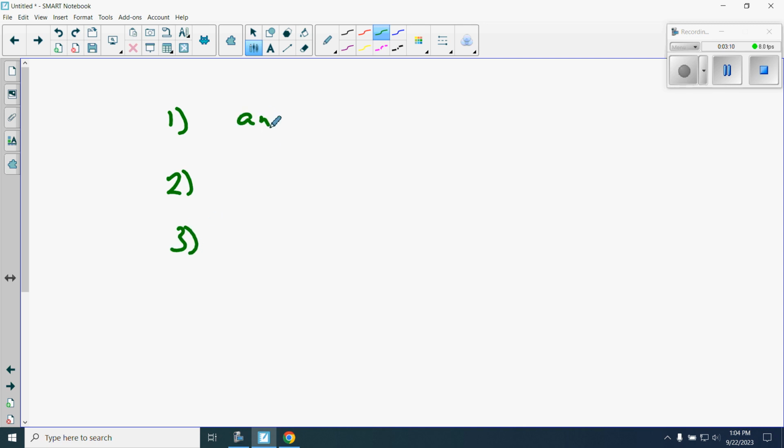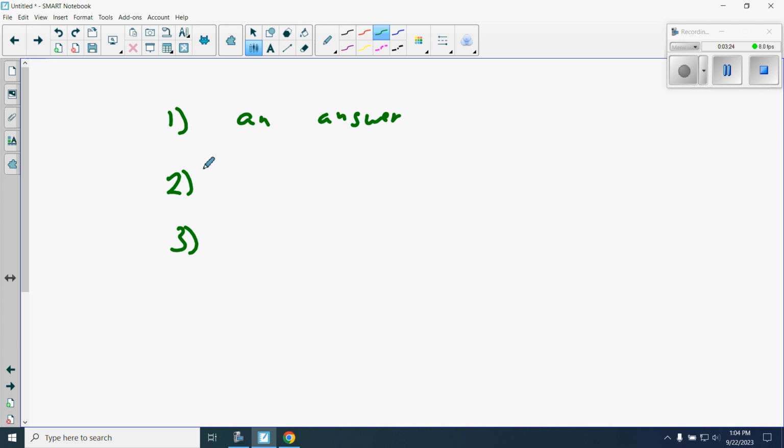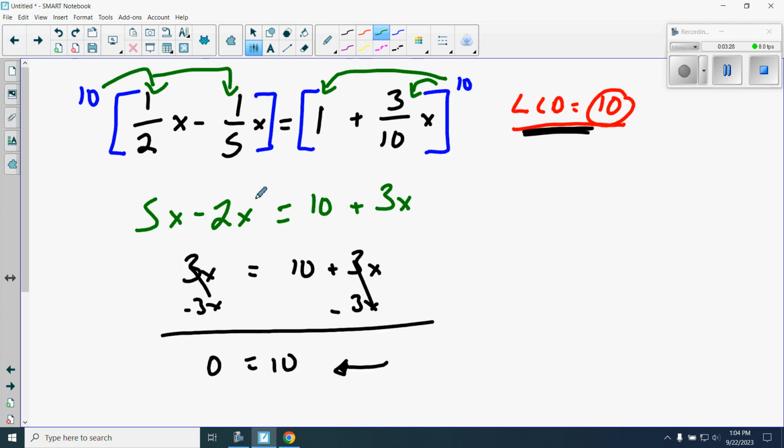You have an answer. And when you're solving for a variable that has an exponent of 1, which all of these do, when we combined, we were looking for 1x, what that was. We hope to find one answer. If you have a variable of x that's squared, you're going to have two answers, x that's cubed, three answers, etc., etc. But when we go to solve for equations, we hope to find one answer.